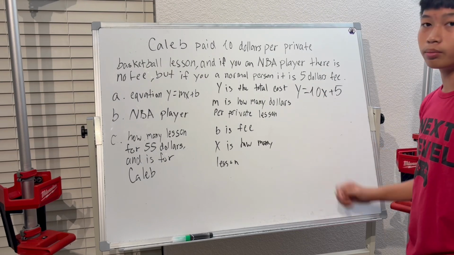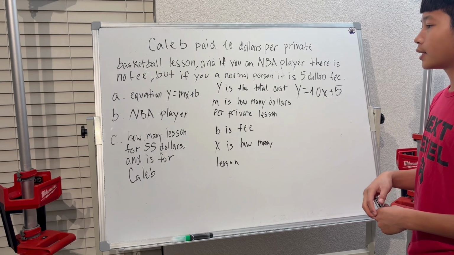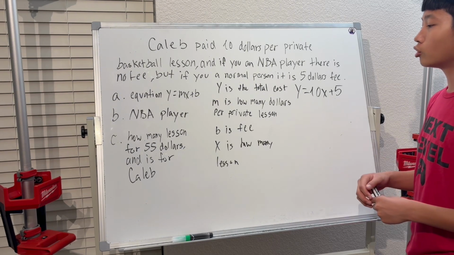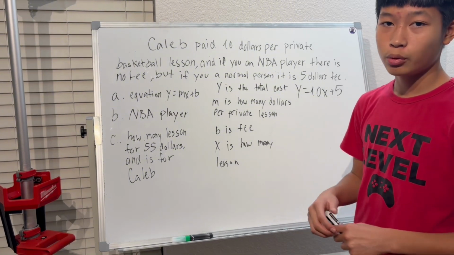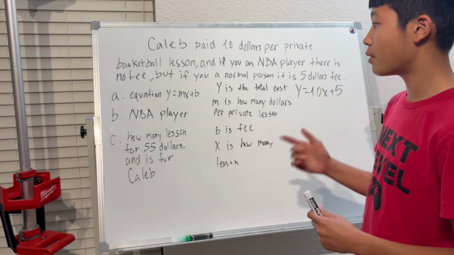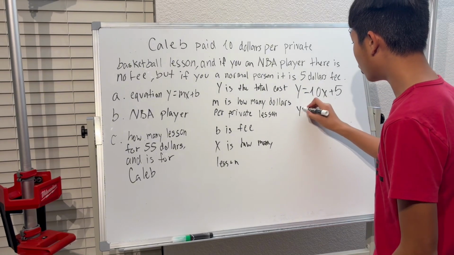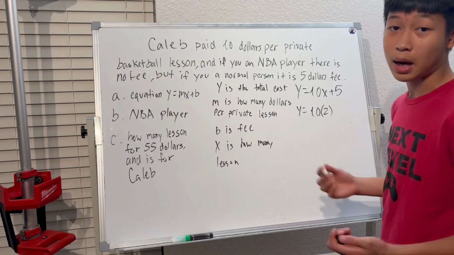So this is the slope, how many per x. So let's say you want two private basketball lessons. So x is how many? X is 2, which is how many lessons you want.